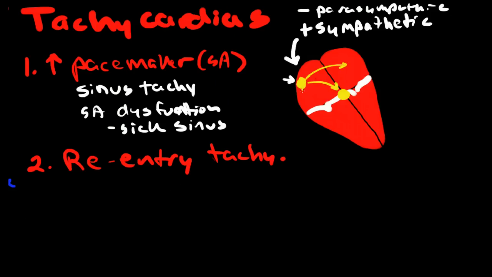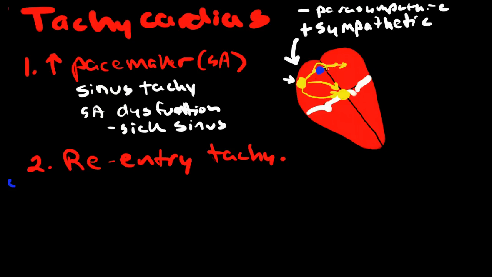So we have these sort of general pathways. But if we have something that disrupts this pathway, if we've got some kind of scar tissue or something that slows or blocks that tissue, what happens is the action potential is going to travel around it, which is fine.